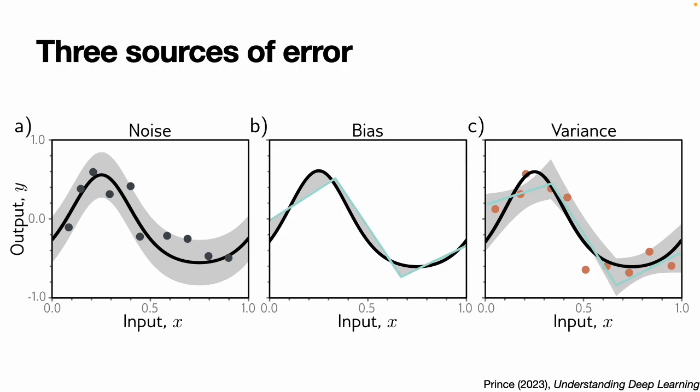I'll just call that F subscript D. So I'll think about the expected model output, the average model output over all possible training data sets.